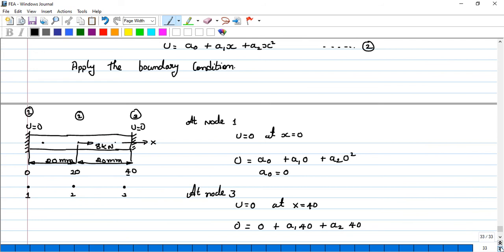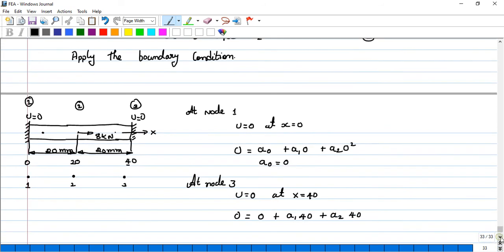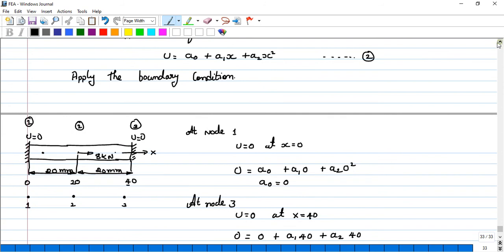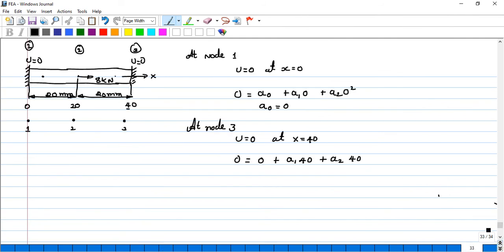Now, let me write this as it is. I won't be substituting this as 0. I will keep it as it is, because I want to substitute this function in the potential energy functional. I hope you can see here we need the value of u. Later we can substitute after identifying the function.